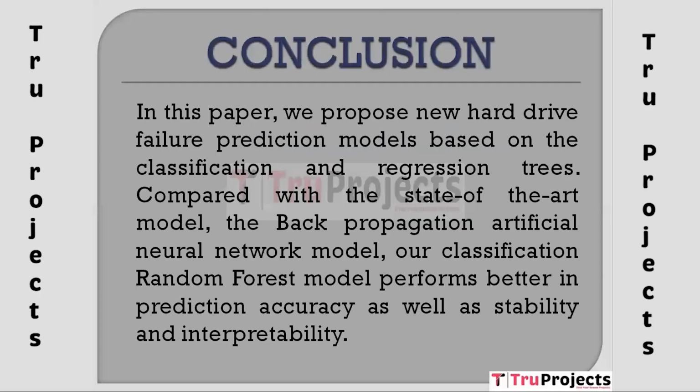Based upon the project we have coded, that is the hard disk failure prediction models based upon classification and regression trees, compared with the state of the art model, the back propagation artificial neural network model, our classification is mainly focused on the random forest model, which gives the best performance in the prediction of this project, hard disk failure prediction, as well as stability and interpretability.